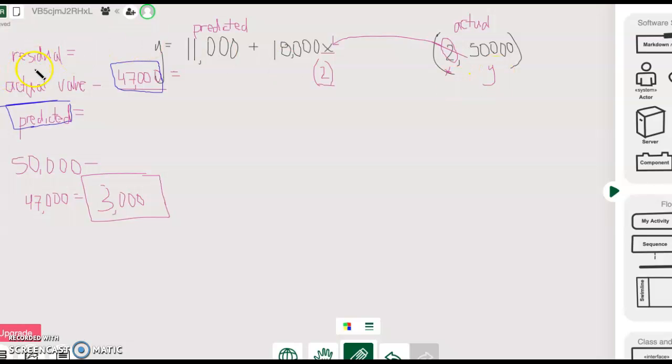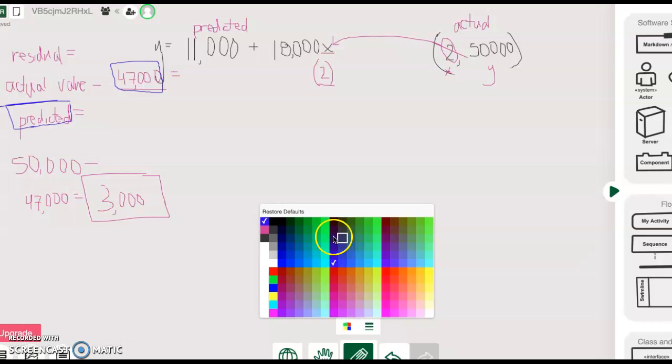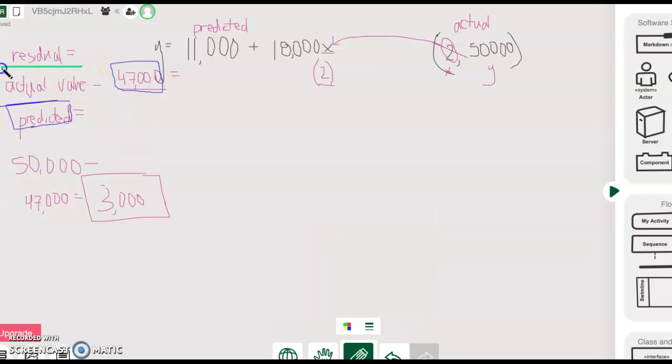So to calculate the residual, I'm going to take the actual value of the car, which I will put in green. The actual value, going back to my actual car here, is 50,000 miles. My equation predicted it would be 47,000 miles. So I'm going to take this actual value and subtract the predicted value to get the residual. My actual value comes from the point, that's 50,000.